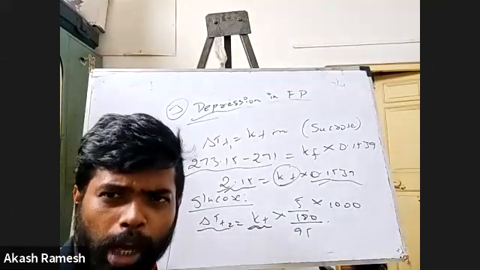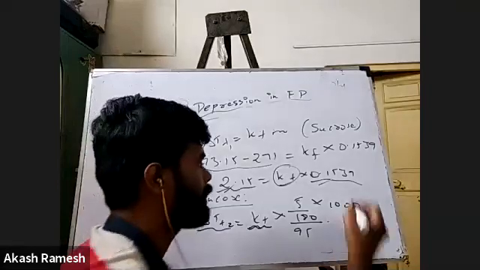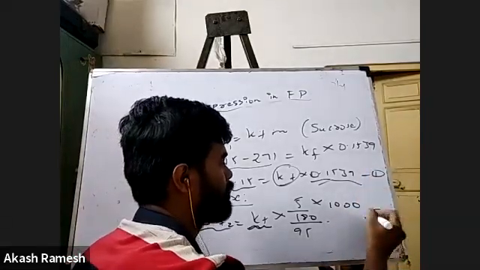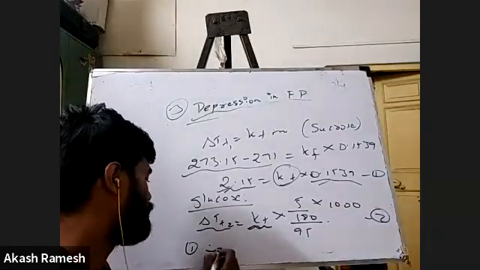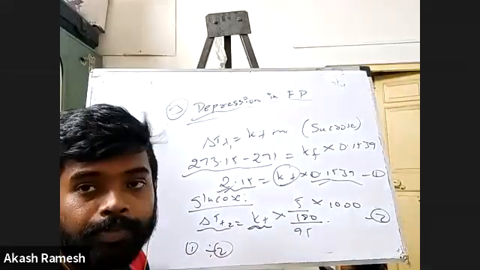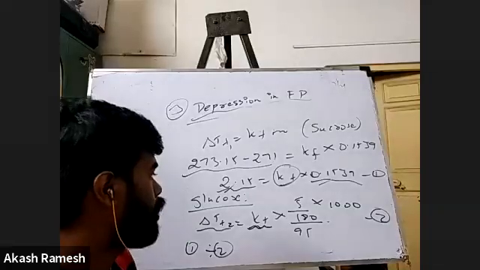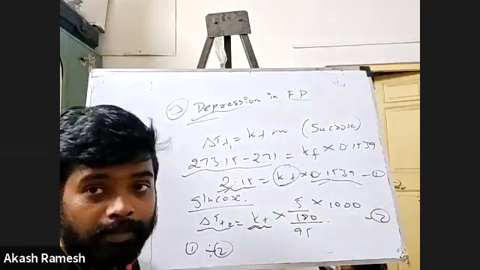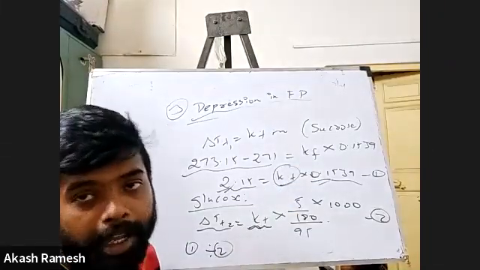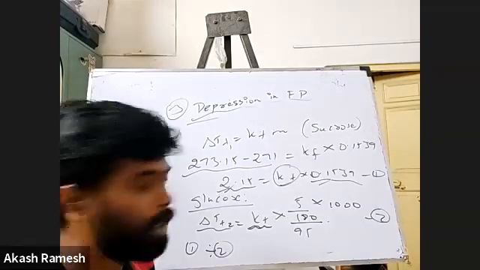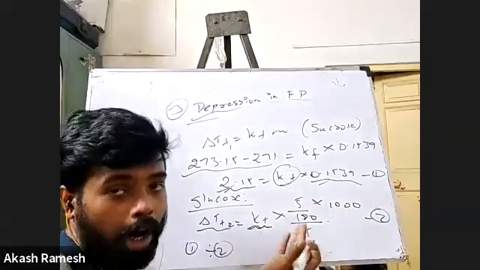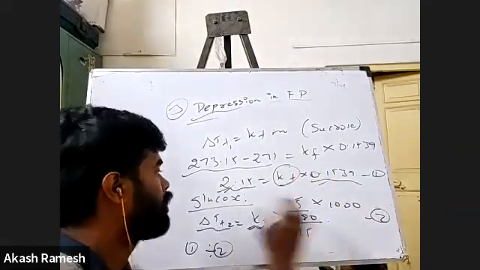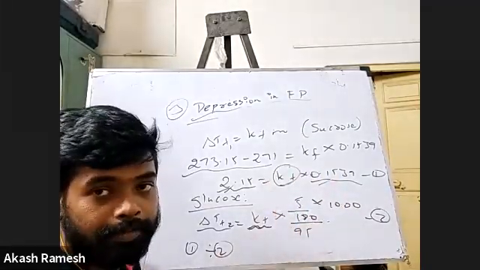But if you don't want the double calculation, let me take this equation as 1 and this equation as 2. What you do is 1 divided by 2. If you do 1 divided by 2, Kf will get cancelled. So you don't even have to calculate Kf. So the other method is finding Kf and substituting here, or you can divide these two equations so that Kf gets cancelled.